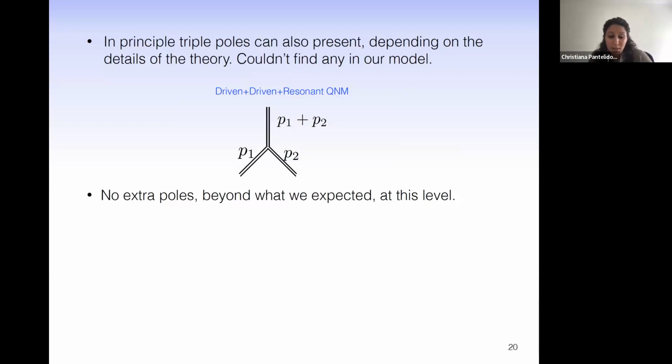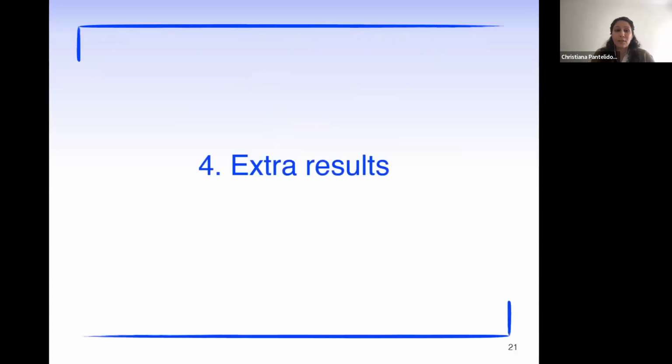At least at the level of 3-point functions, we didn't see any extra poles that weren't associated with quasi-normal modes. At order 4 and beyond, this might be the case, because then you have loops in your contact diagrams, so things might be different. But at the level of 3-point functions, we didn't see anything extra. Okay, are there any questions at this point?